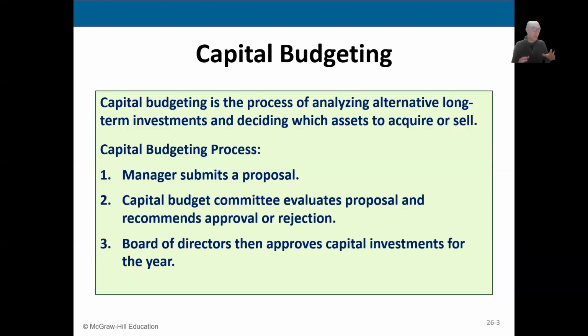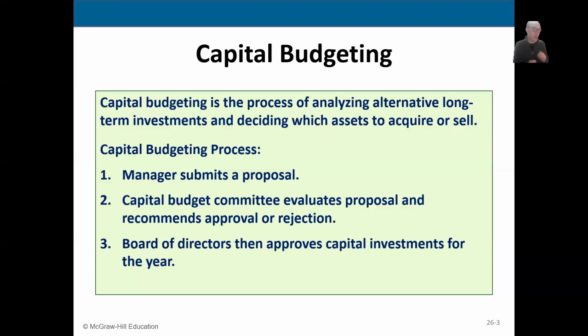You may recall the term capital budget when we talked about the master budgeting process. I think that was a few weeks ago, maybe 2 weeks ago, something like that. Right? When we went through the master budgeting process, we briefly touched on capital budgeting.